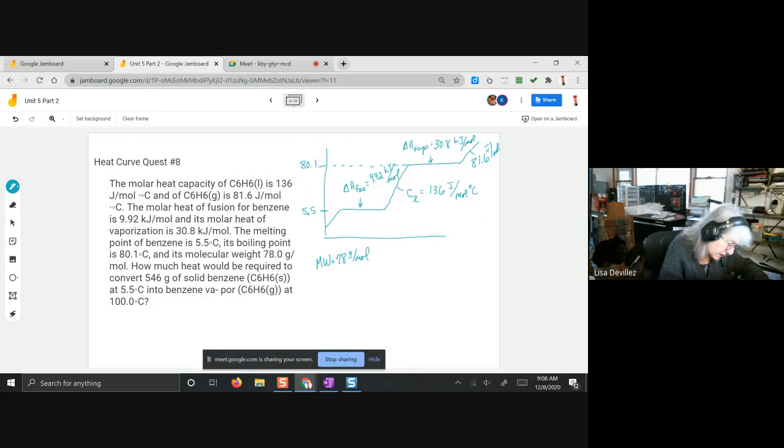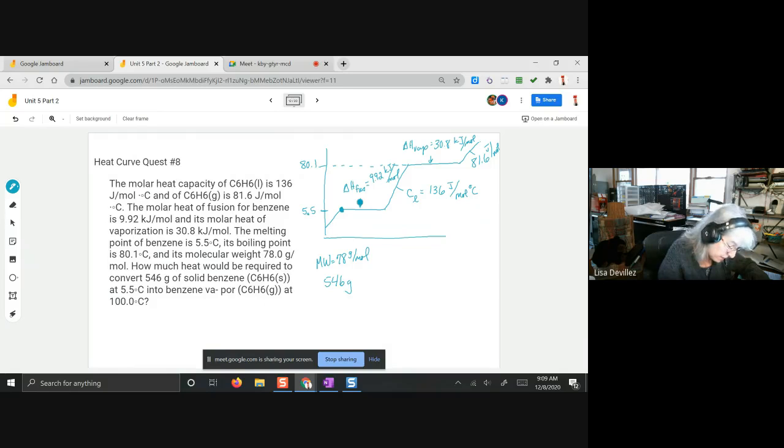So this one has 546 grams at 5.5. So it's starting, and it says it's a solid, so it's all solid. It's going to be at that point right there on the curve.